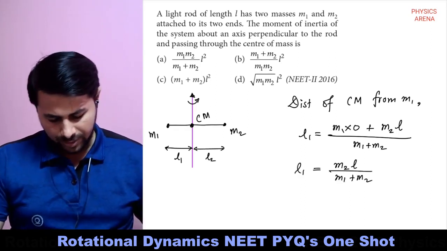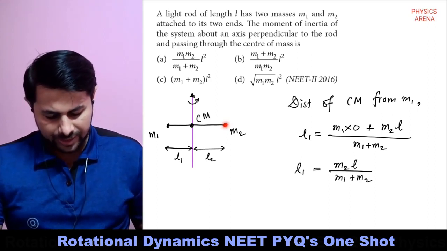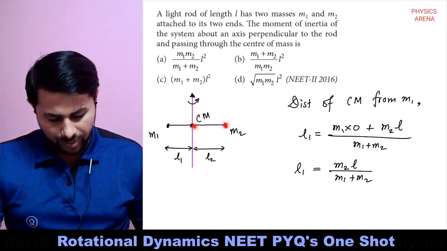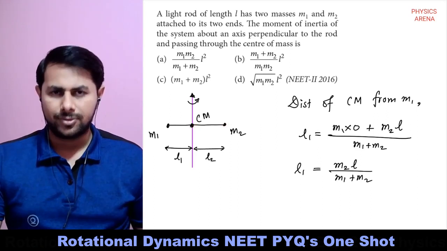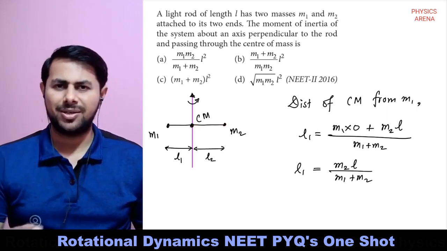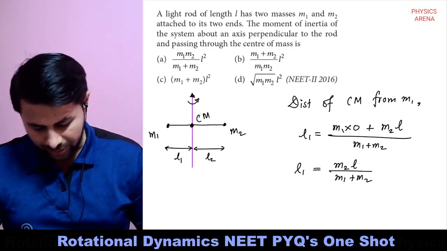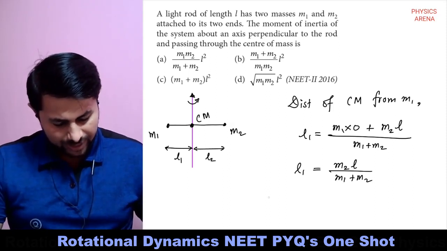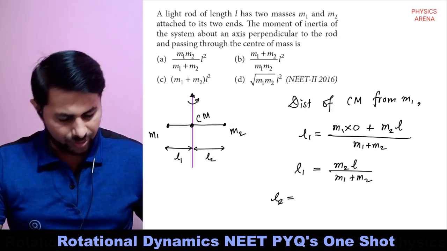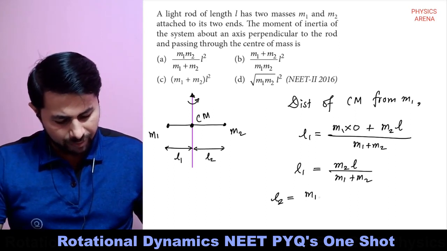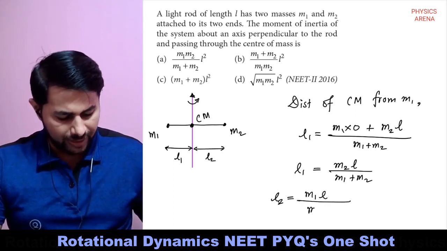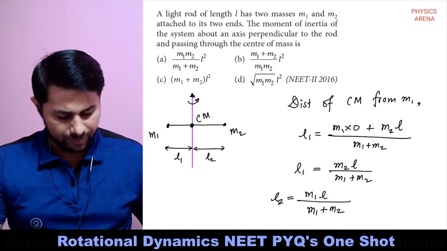That's L1. Similarly, you can measure the distance of the center of mass from m2 also. Just replace m1 and m2. So what do you get? Similarly, the distance of the center of mass from m2, which is L2, will be m1 times L divided by m1 plus m2.